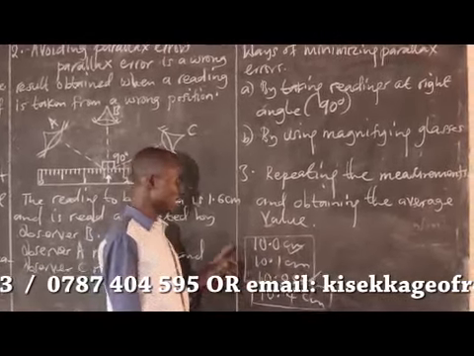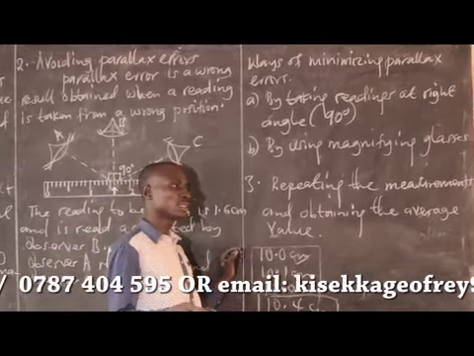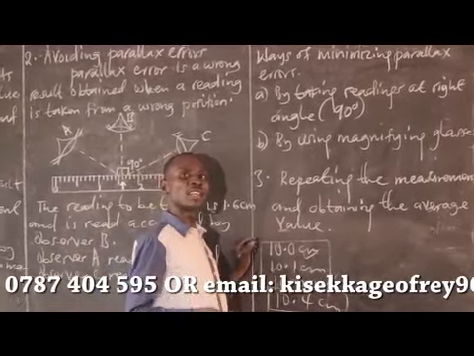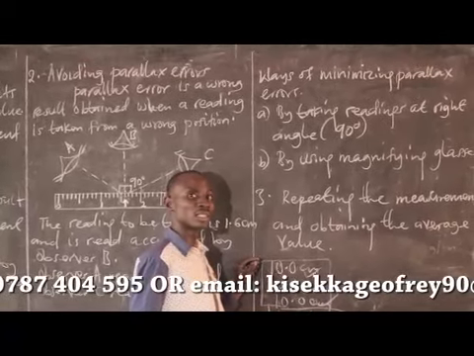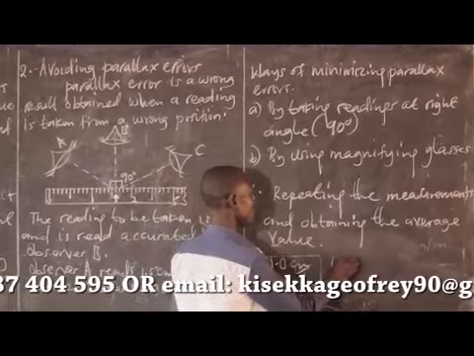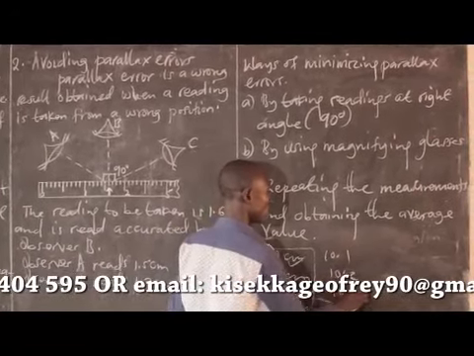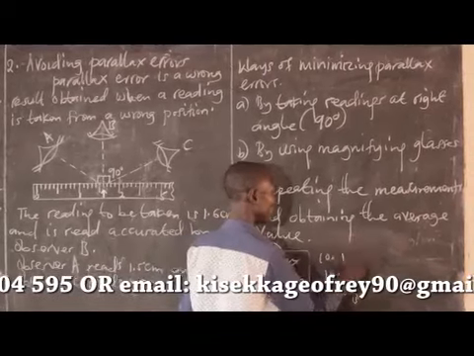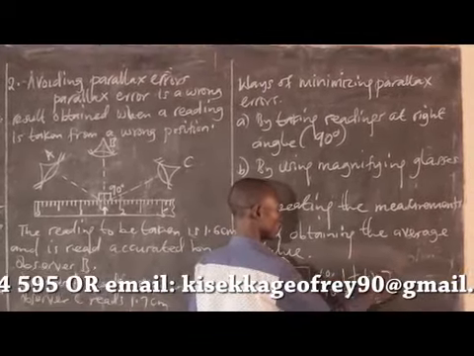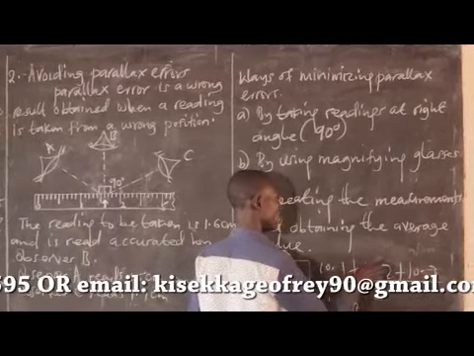If you make 5 attempts and you get like 3 consistent values, take those ones. But if you have gotten 10.1, 10.2, and 10.3, add them and divide by 3 because they are 3.